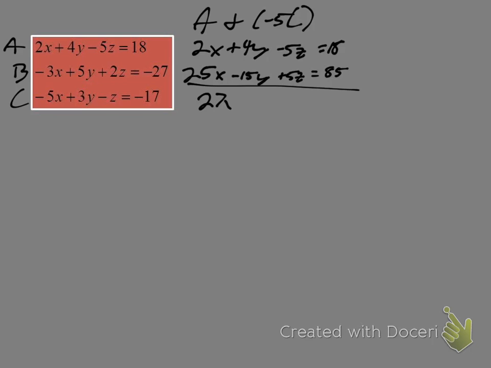Add them up, 27x minus 11y equals what, 103? Oh, you did positive 5 instead of negative 5.